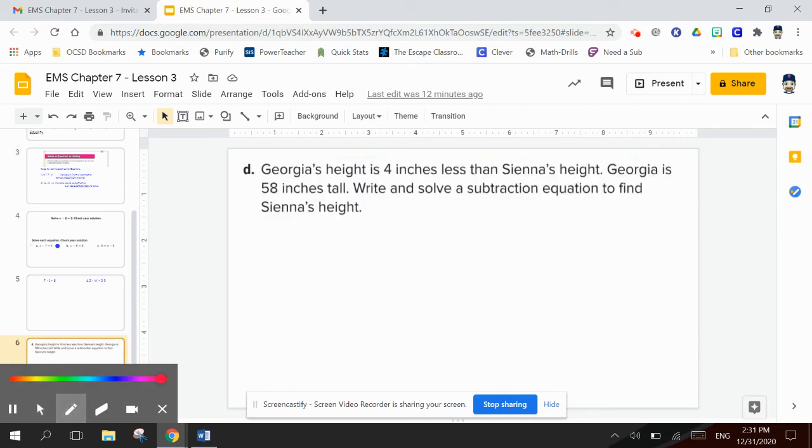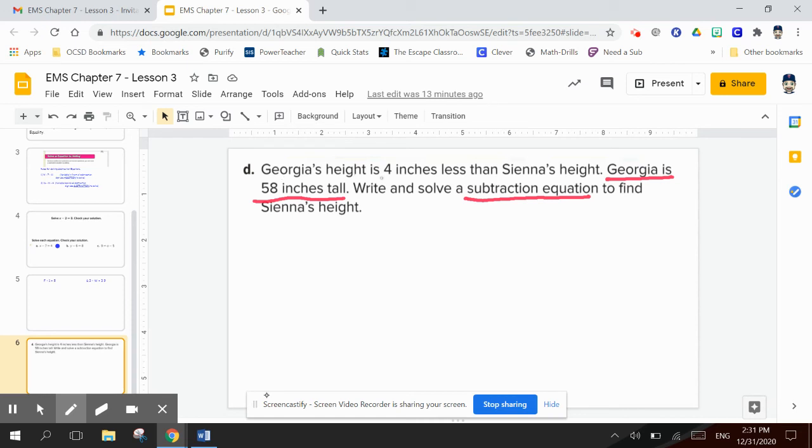The last one says Georgia's height is 4 inches less than Sienna's height. Georgia is 58 inches tall. Write and solve a subtraction equation to find Sienna's height. So we have to write a subtraction equation. So let's see what we know. We know that Georgia is 58 inches tall.